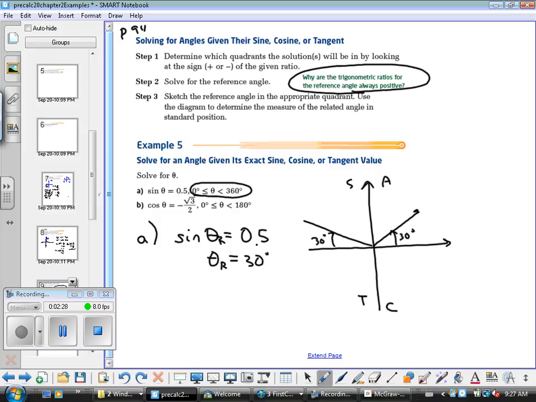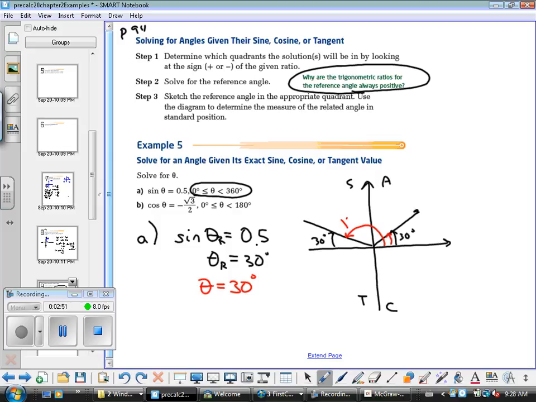Now, once you look at that, you can use the diagram to determine the measure of the related angle in standard position. So we have 2. This one's actually already a standard position angle, so our angle could be 30. And if we want to know this one in standard position, we remember back from 2.1, for second quadrant we took 180 minus the reference angle.